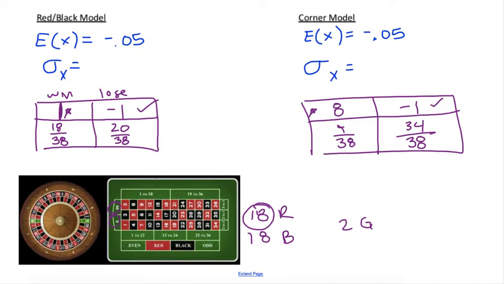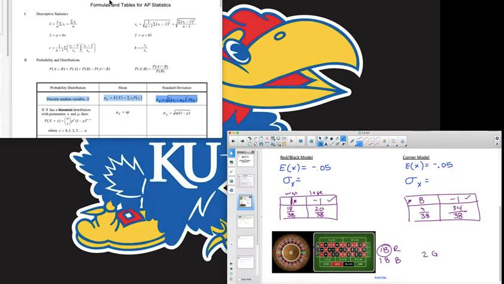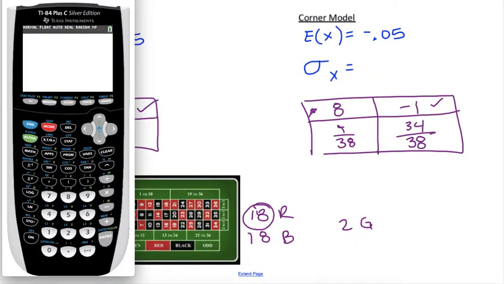So let's look at our calculator and see what the expected values are and standard deviations. So I'm going to grab my calculator here, and I went to look at our corner model again using the calculator. So I edited, and then in list 1, I put this one first. So we could lose our dollar 80.89474% of the time, or a proportion of the time, and 8 is what we would win, and that's about 11% of the time.